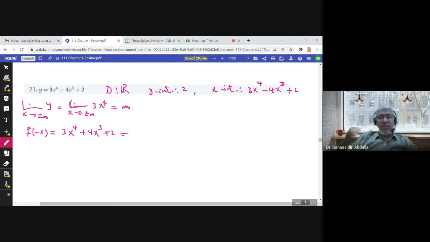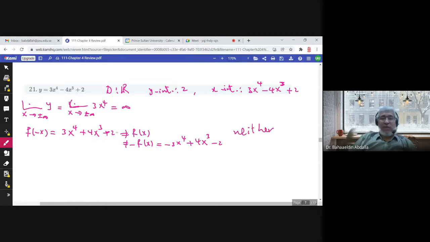And this is not f of x, and it is not negative f of x, because negative f of x is you multiply by -1. So the function is neither.